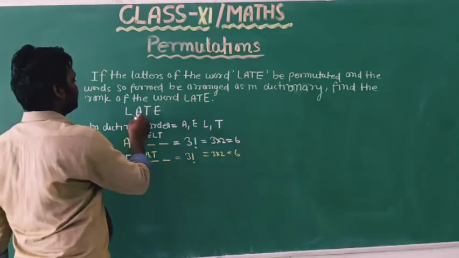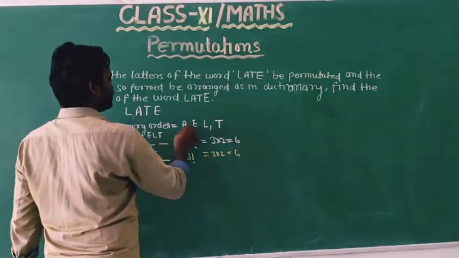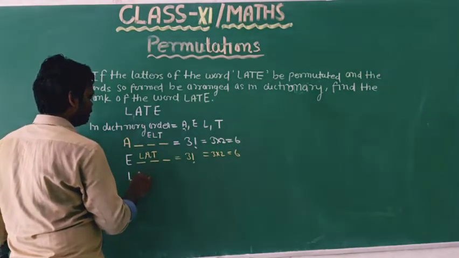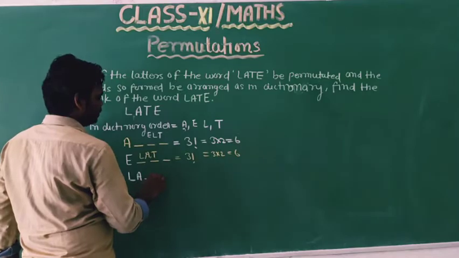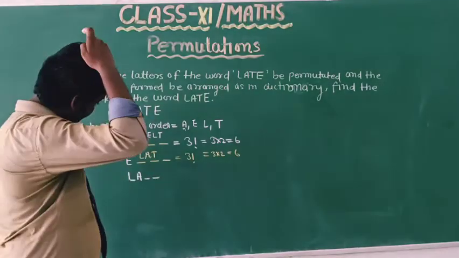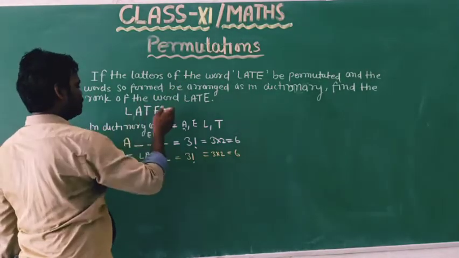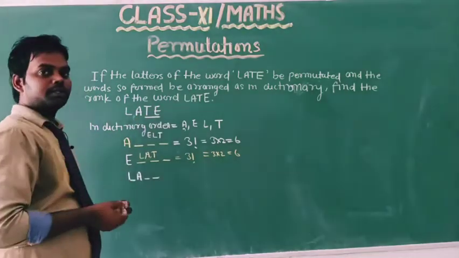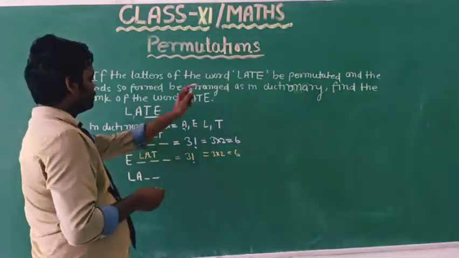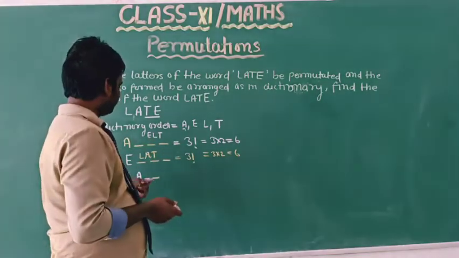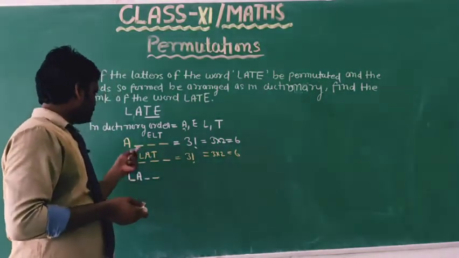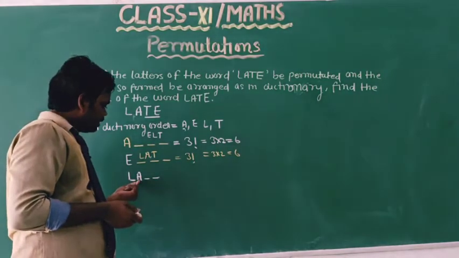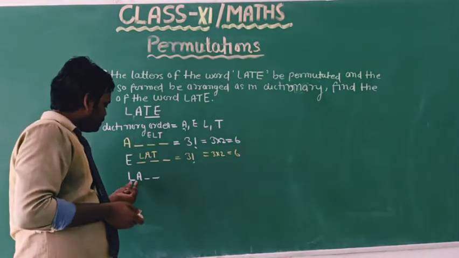So A comes, and we have the remaining 2 places. Here A is also required, so again we fix this A. So here we fix L and A.